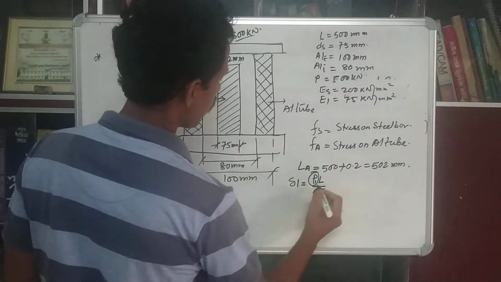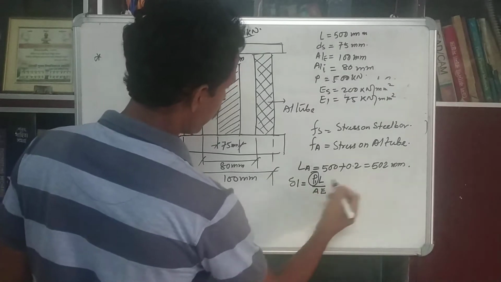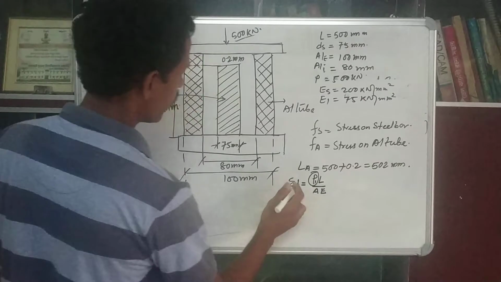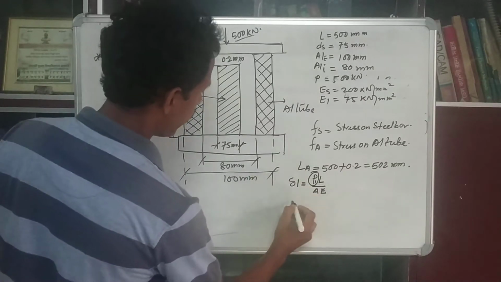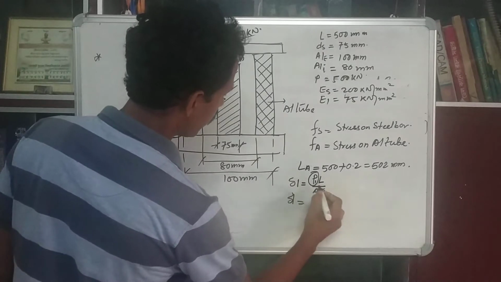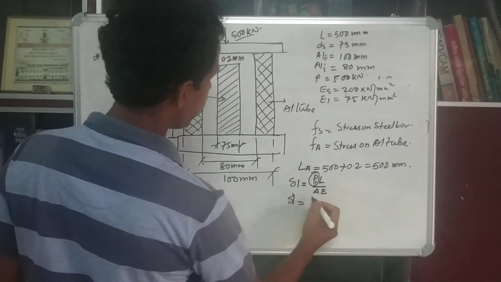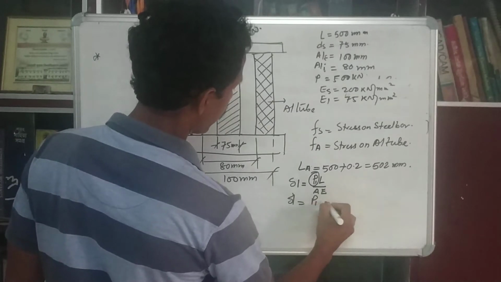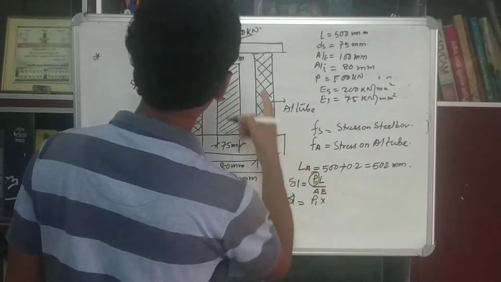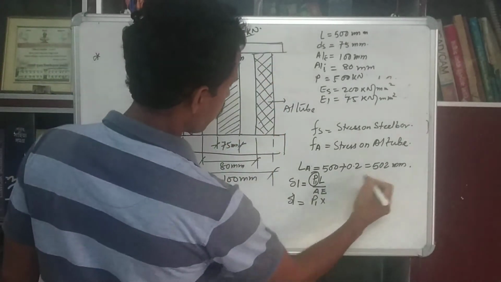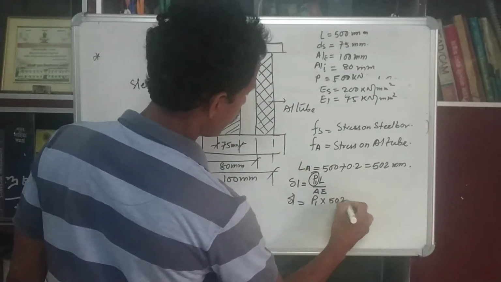Now del L is equal to P1 L by A E. Here L is 502.